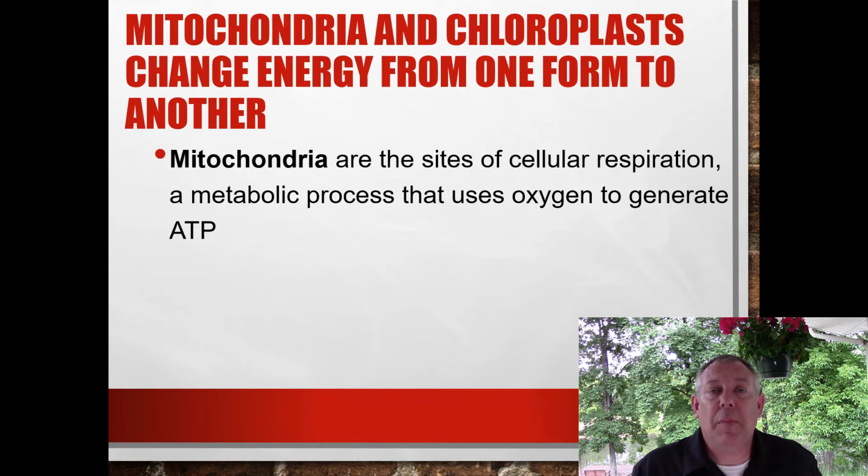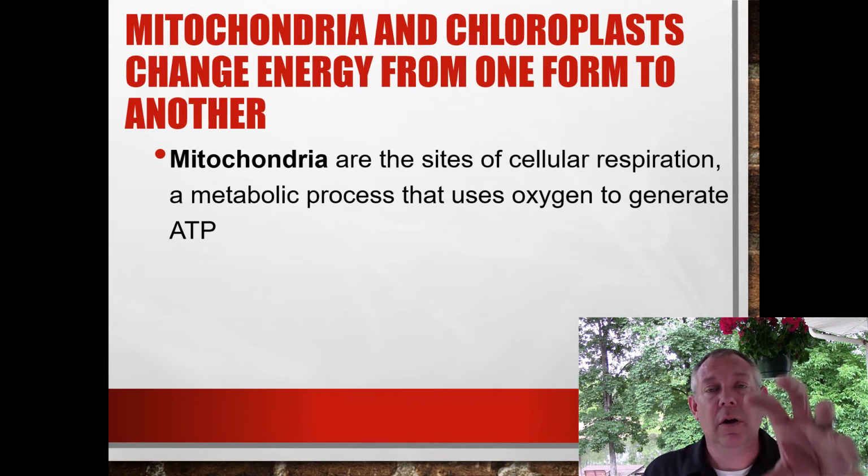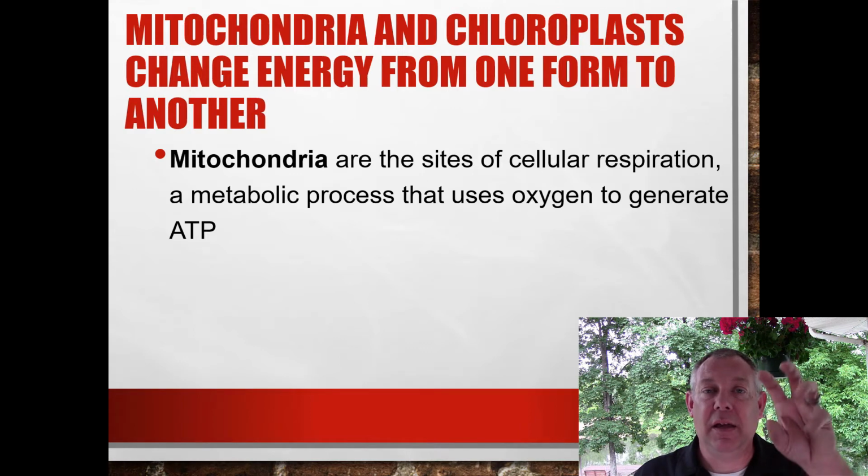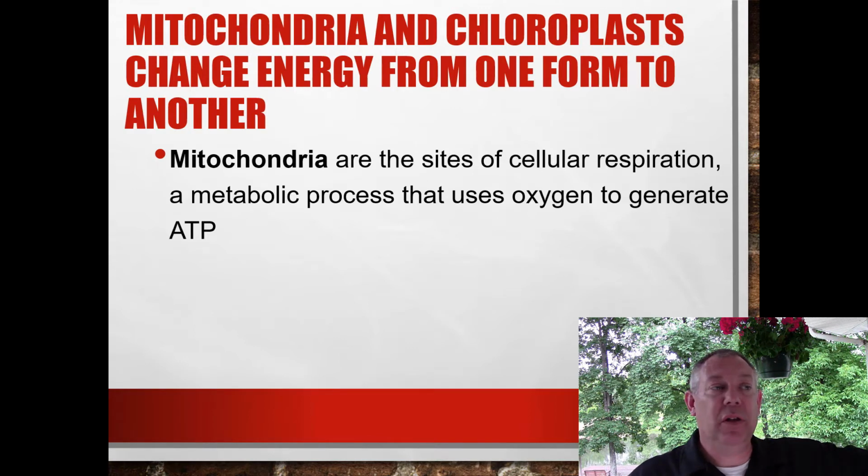And so we're going to talk about cellular respiration in more detail a little bit later, but this all occurs at the mitochondria. And that's where we use oxygen to help break these bonds and release their energy and put that energy into other molecules, specifically into a molecule called ATP, and that ATP then can take that energy and move it to other parts of the cell, and then we can use that energy to do other cellular processes.